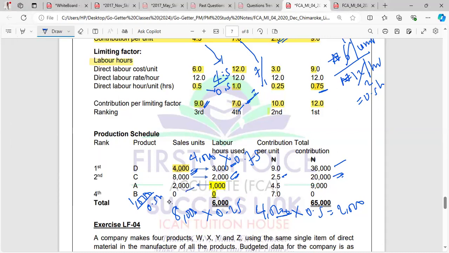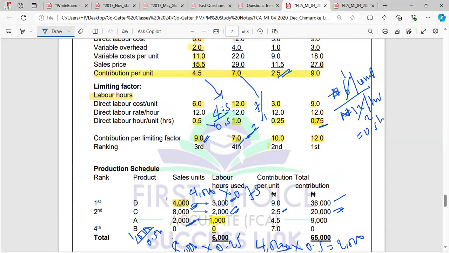That's how we end up doing 2,000 units of A instead of 4,000. And we look at the contribution per unit of A, which is 4.5. We multiply 2,000 by 4.5 gives us 9,000. Now, if you count everything here, 3,000, 2,000, 1,000, our 6,000 has been reached.